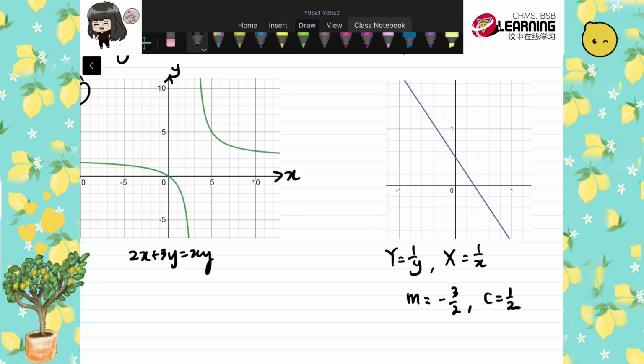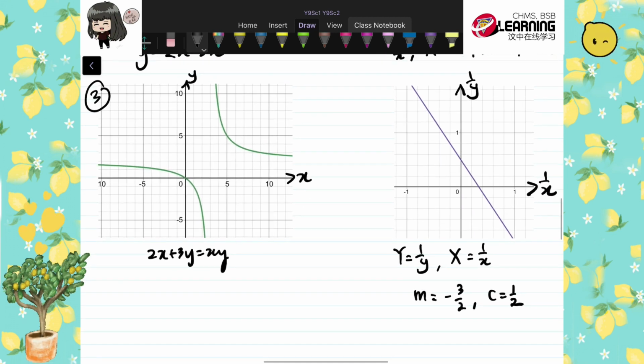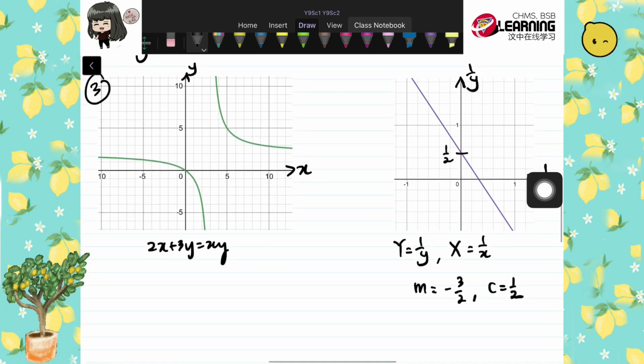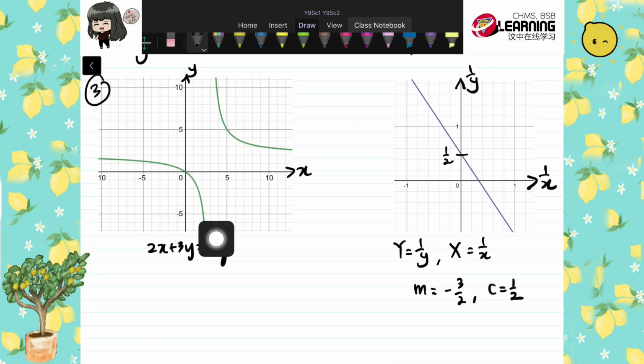So your big Y is 1 over Y, your big X is 1 over X. And you see your C passing through half. So look at this, your Y reduced to 1 over Y, your X reduced to 1 over X here. So your graph will turn or reduce from non-linear to a straight line linear graph.